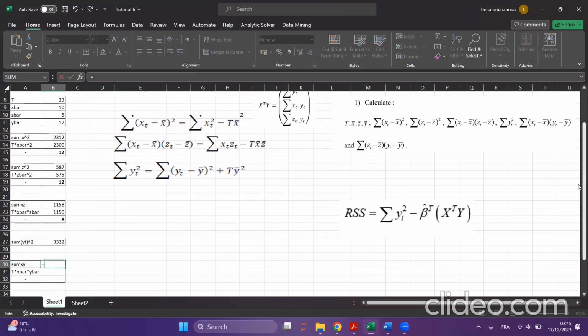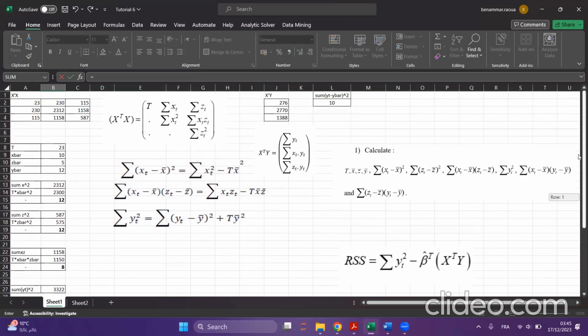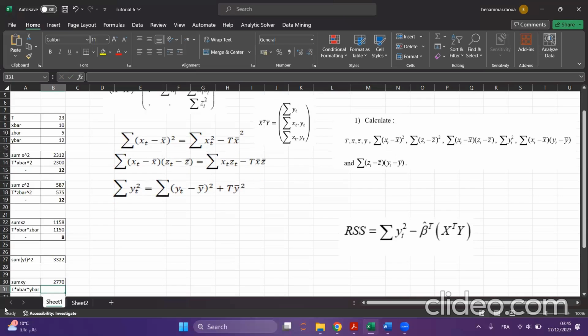So it's the second element in that vector. And the second part is T x bar y bar.